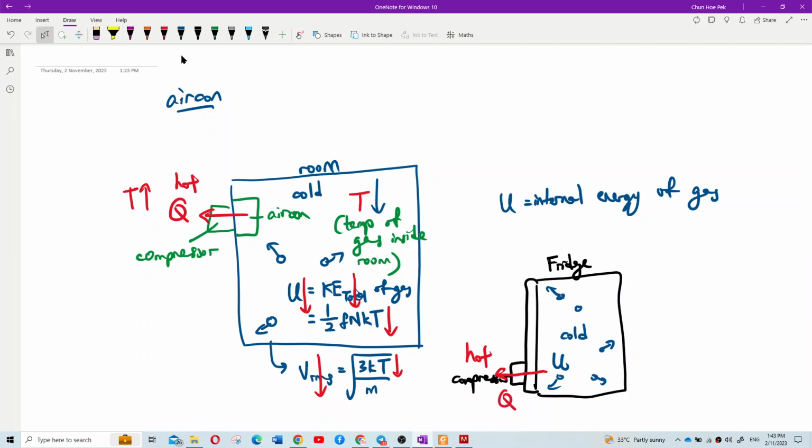So the internal energy of the gas inside the fridge will decrease, so the temperature also will decrease. So it becomes cold inside. Outside, when the heat is taken out, you go behind the fridge, you feel it's hot. Understand?